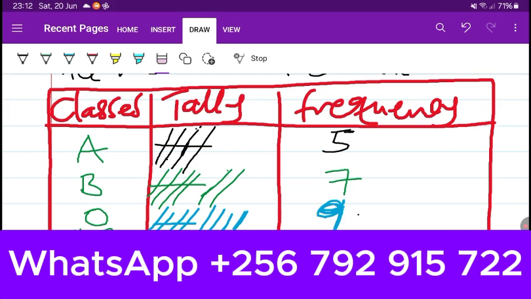So the one with the highest frequency, which is this one, a 9, is going to be blood group O, is the one that has very many people, because most of the new recruits have a blood group O, followed by those with the blood group B, because there were 7.